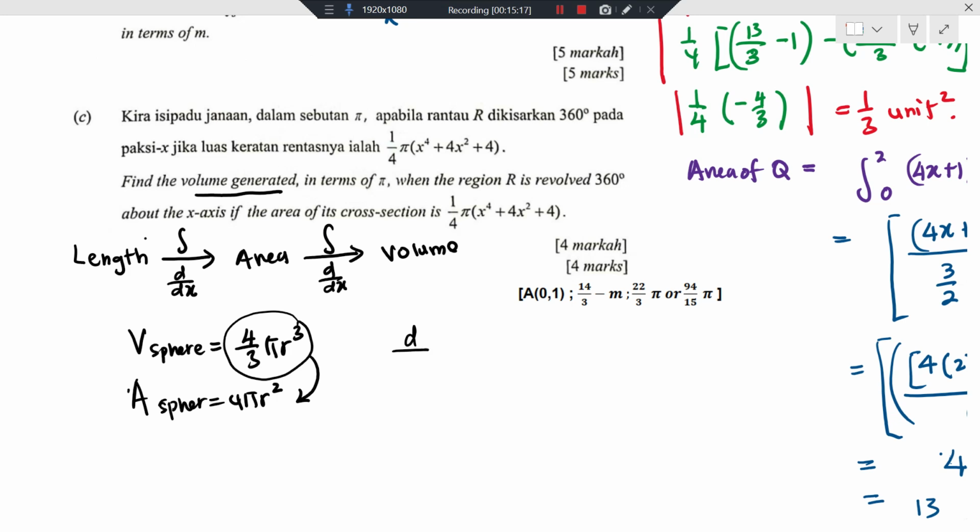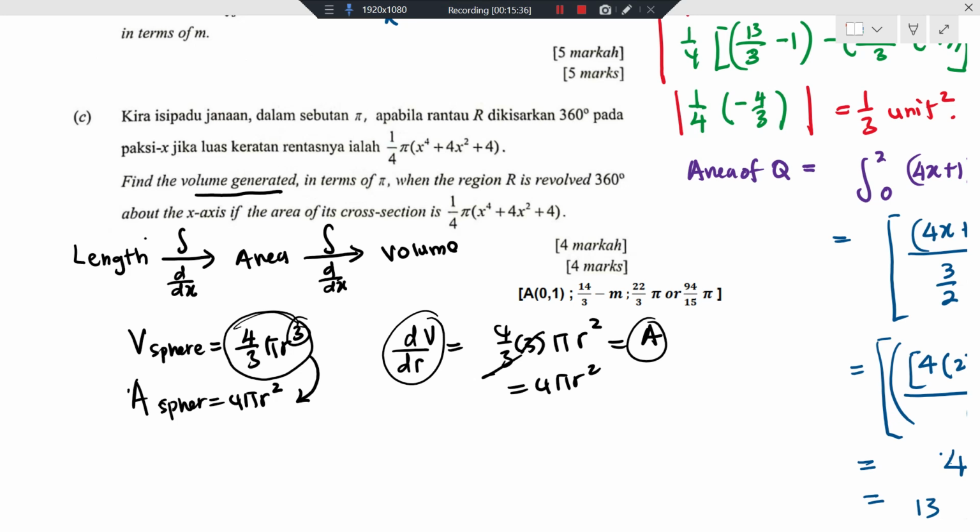So I differentiate dV over dr. The 3 comes in front and multiplies pi r squared. So 3 cancels, and 4 pi r squared. This is your area. See? To get the area, you differentiate the volume. Same thing, vice versa. From the surface area, you can go to the volume by integrating it. So it becomes 4 pi r cubed over 3. See? You get the volume back.